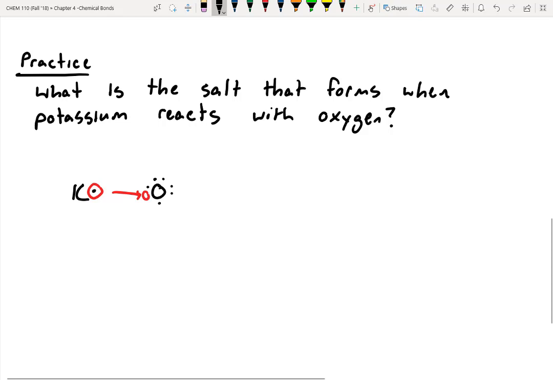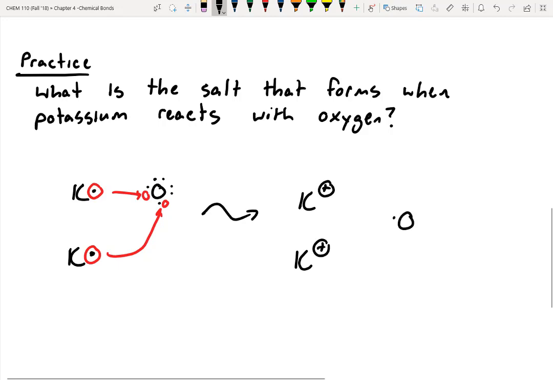So maybe we need 2 potassiums for every 1 oxygen. So then I would say, okay, my second potassium atom can give its electron to this remaining spot. Now when you do this, you've got potassium atom here and here, both lost electrons, so it'd be a +1 charge. And then oxygen now has 2 extra electrons, so what charge should it have? -2, or 2-.